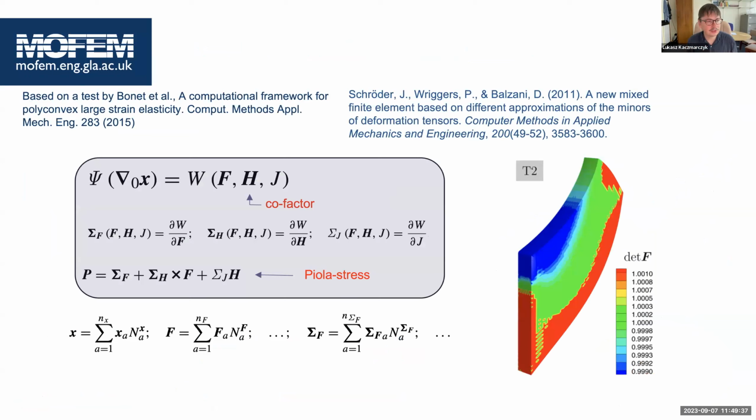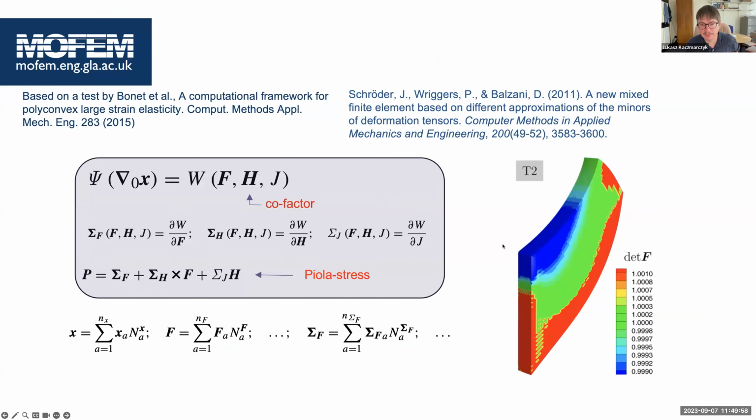There are two very cool papers by Bonet, Antonio Gil, and Wriggers. Those papers try to tackle the problems of nearly incompressible soft materials, and the Cook beam is solved with it.